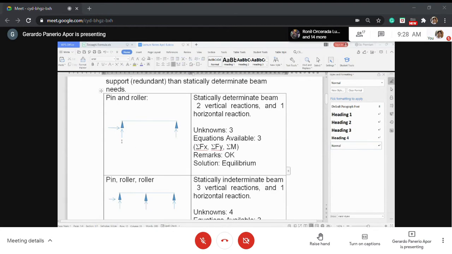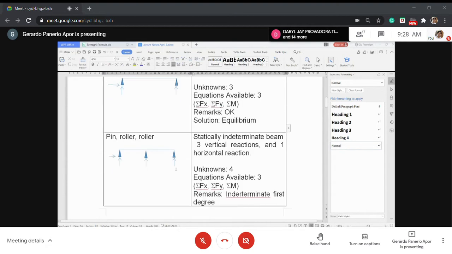Ever since we are dealing with 2D, we did not use 3D. So in 2D, the 3 equations available are the summation of forces in x, the summation of forces in y, and the other equation is the summation of moment everywhere.